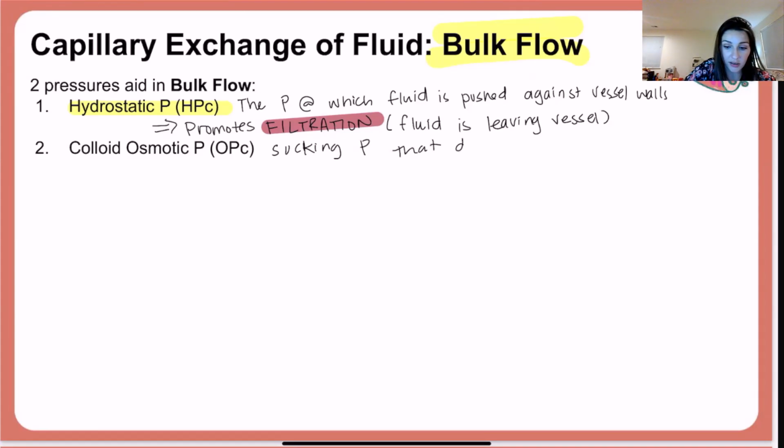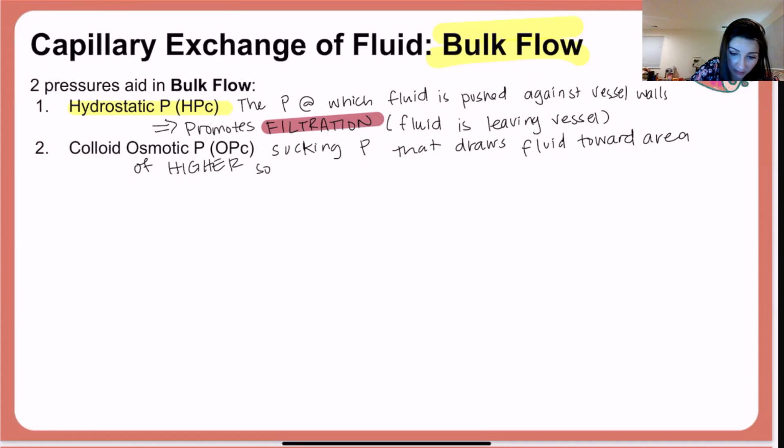Sucking pressure that draws fluid towards the area of higher solute concentration.